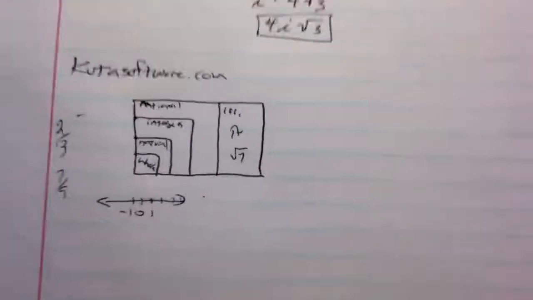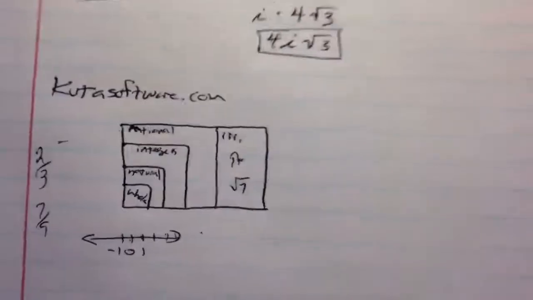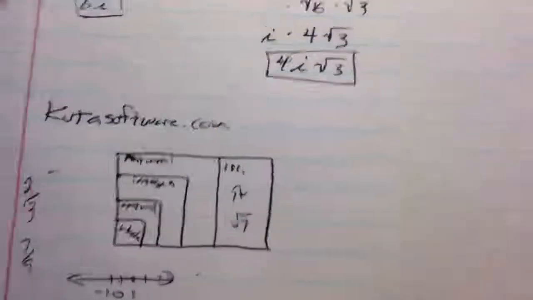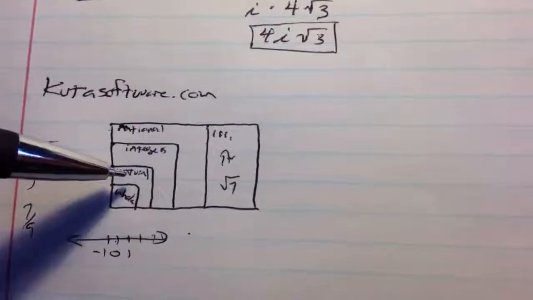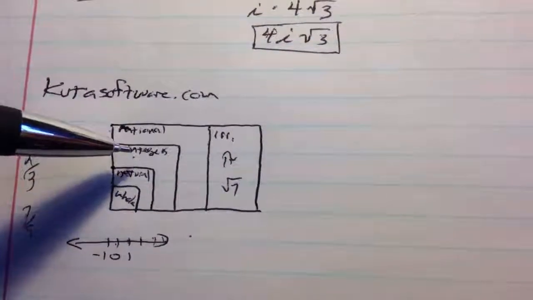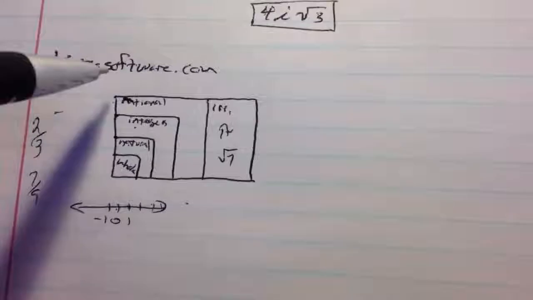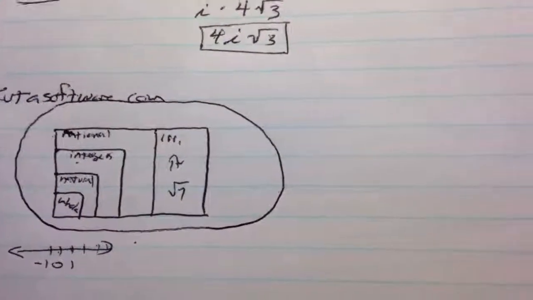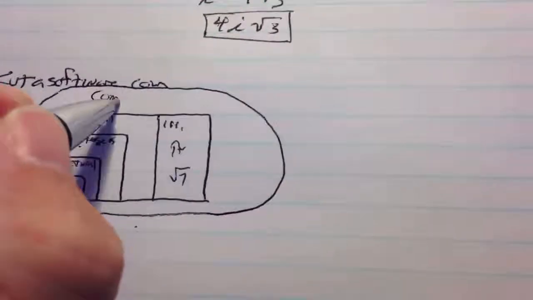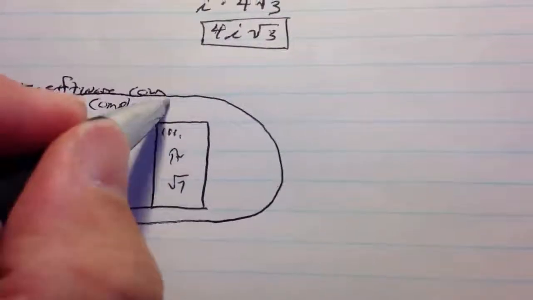What you were not told, and I didn't tell you this by design, is that just as whole numbers is a subset of natural, integers is a subset of rational, the real number system is actually a subset of the complex numbers.